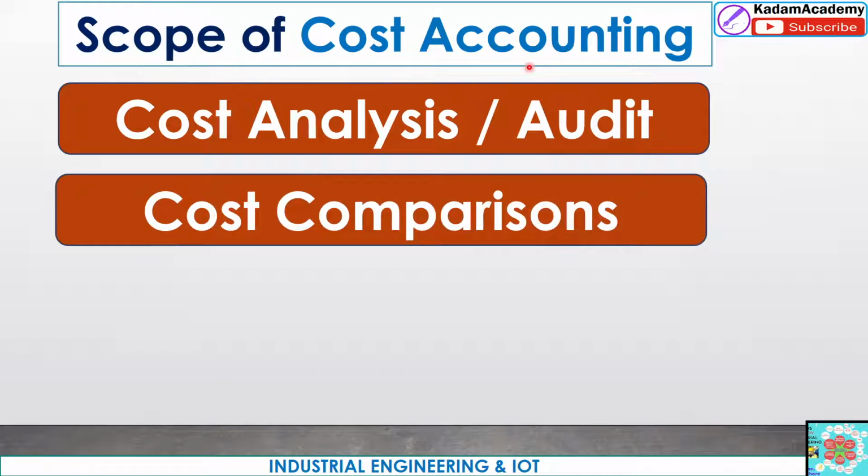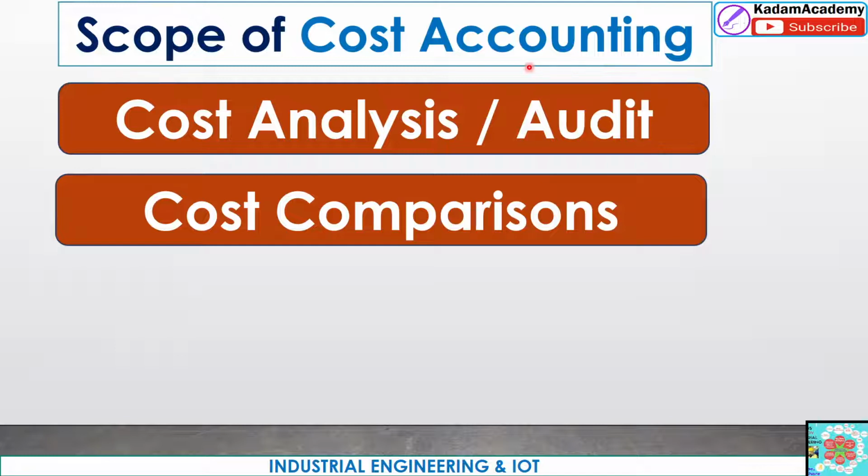Now we'll go for the cost comparison. What is in this cost comparison? Cost accounting also includes comparison between the costs from alternative courses of action, such as the technology of production, cost of making different products and activities, and cost of product or service over a period of time.